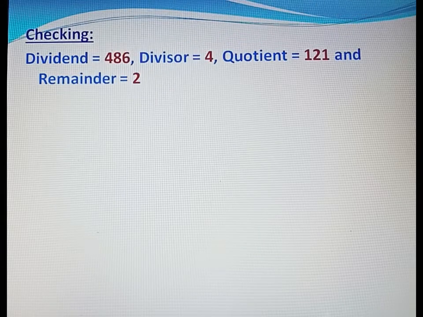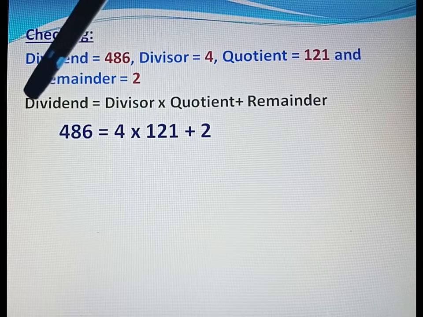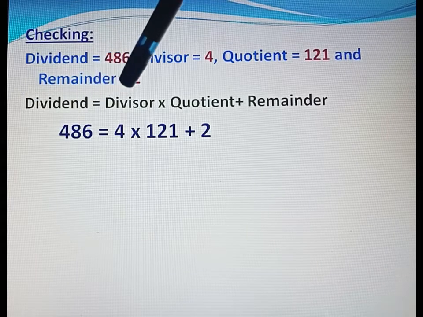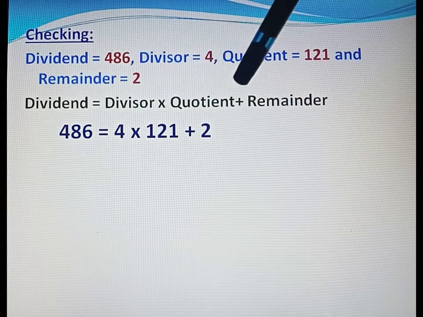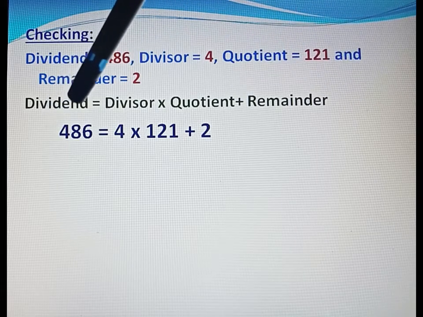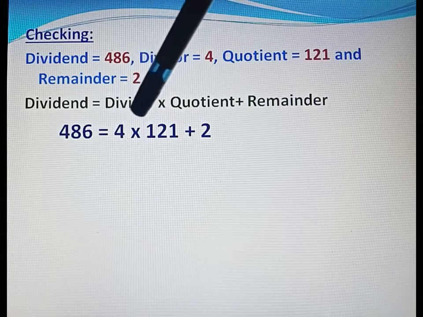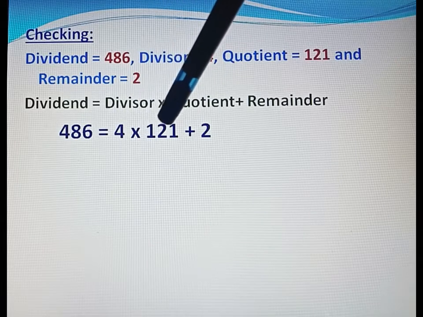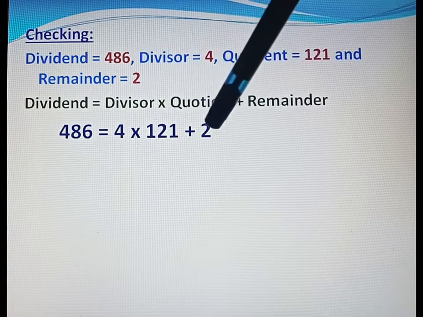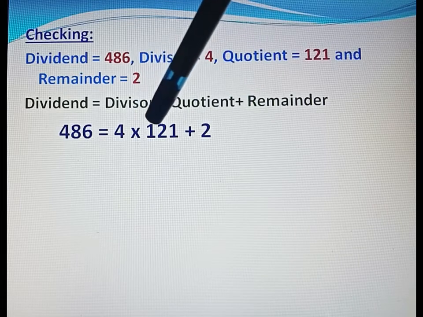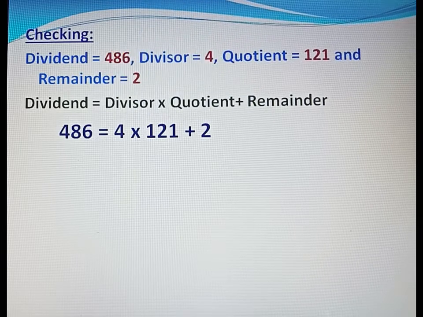And then we will write formula. Dividend equal divisor multiply quotient plus remainder. Dividend 486 equal divisor 4 multiply quotient 121 plus remainder 2. First we will multiply 121 by 4.